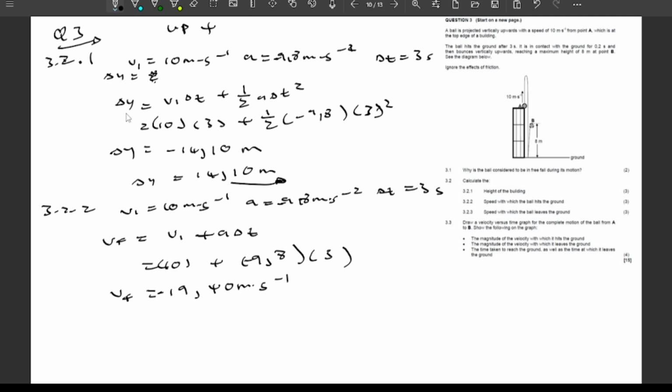Since there's no such thing as a negative speed, the speed is 19.4 meters per second. You are more than welcome to leave it as negative 19.4. You would still get a mark. It's no problem.